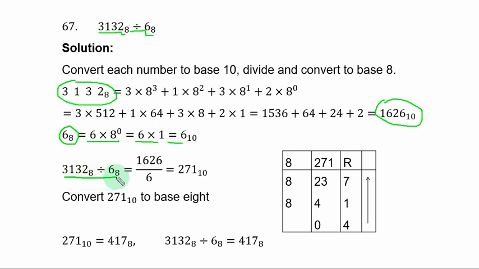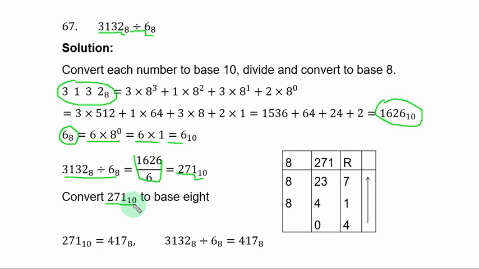You divide what you have in base 10, that is 1626 divided by 6, that is 271 base 10. So you convert this, your answer, 271 in base 10 to base 8.